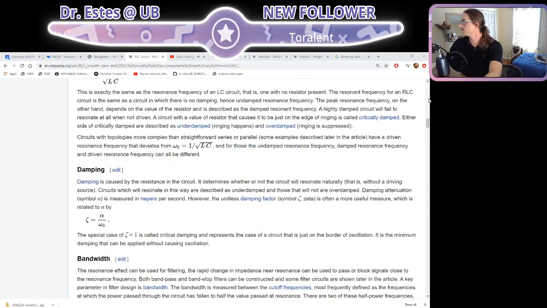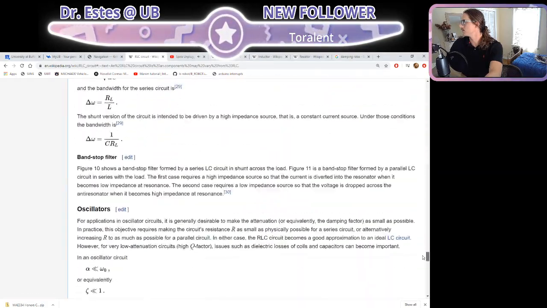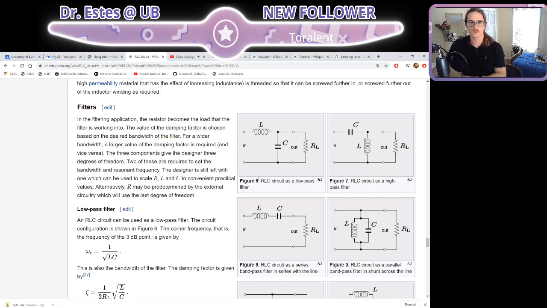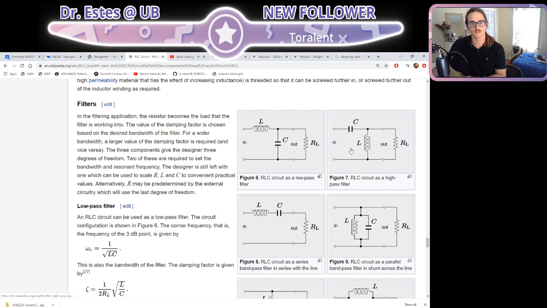You can put different configurations, like here the capacitor and the resistor are in parallel.